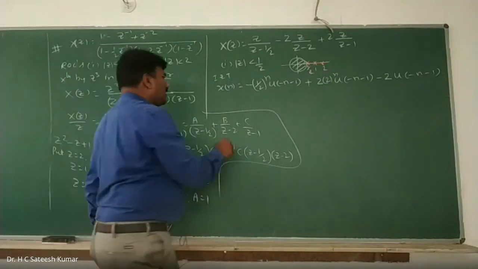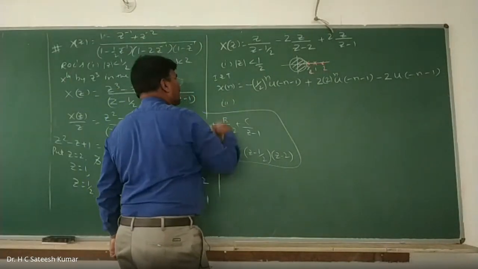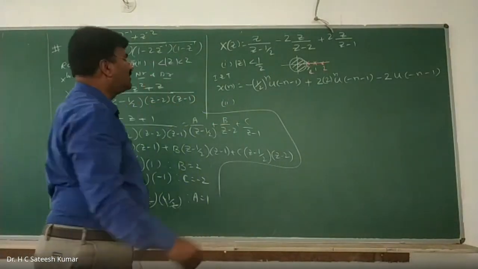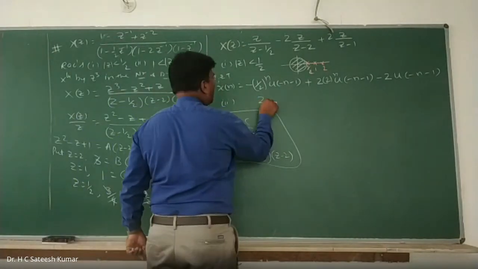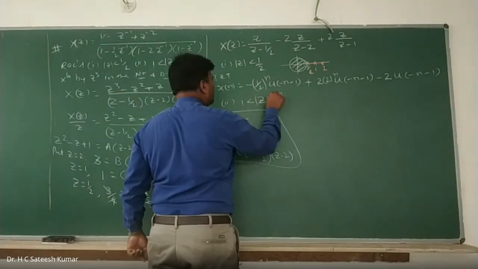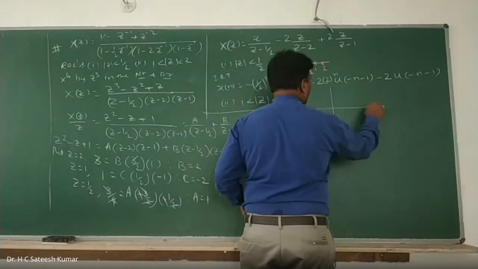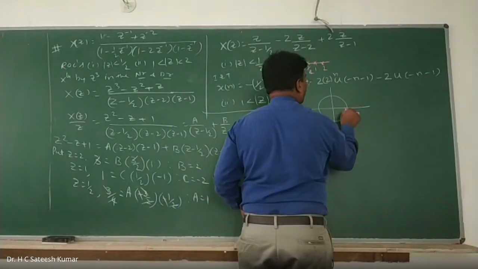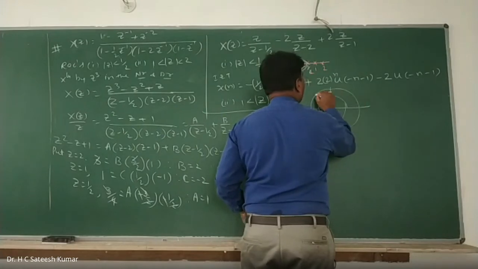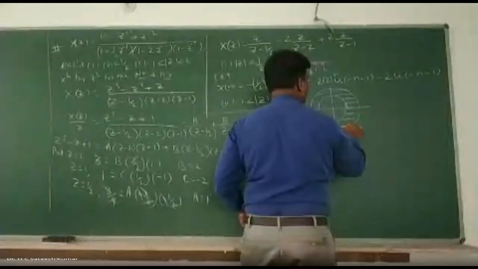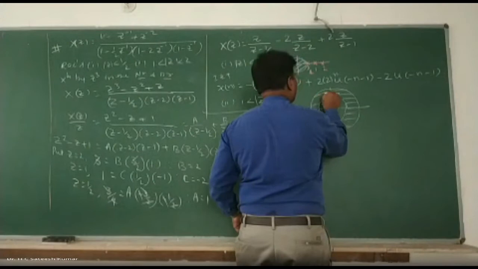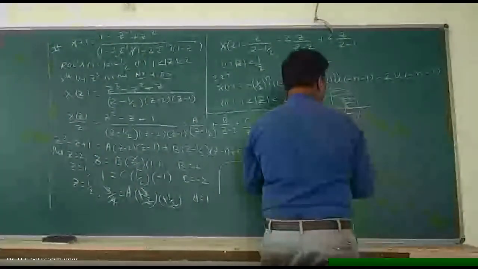Go for the second one. Mod z lies between 1 and 2. Sketch the ROC. Okay, right. Where are the poles?